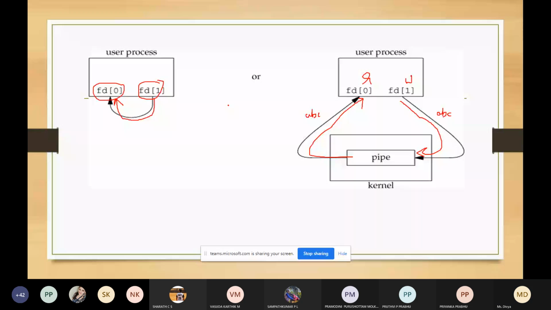Actually, data will pass through the pipe, but the pipe is in the kernel. So this is a simple diagram showing the concept of a half duplex pipe. You can see there is only one way of passing the data, from here to here, and we are showing this through a single process.